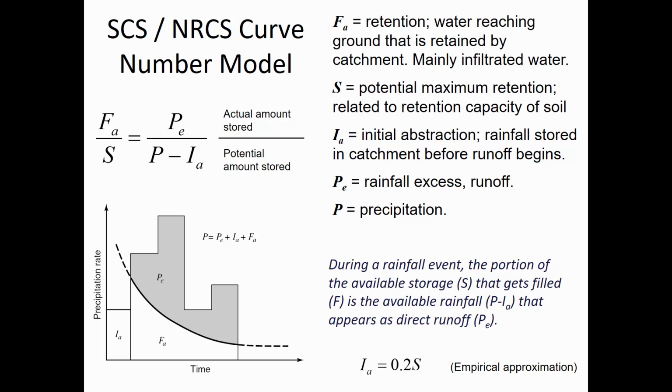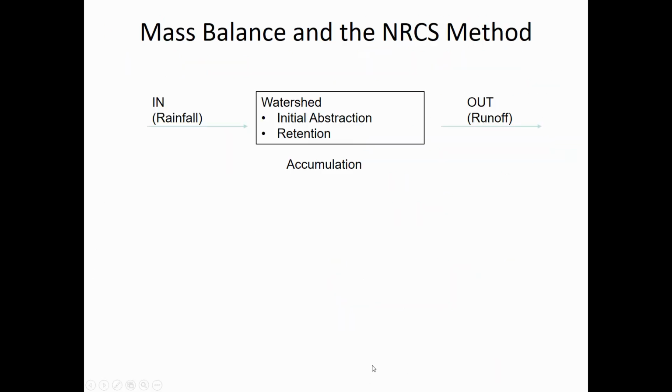So what they do is just approximate the initial abstraction as 20% of the storage. I'll show you how we can calculate S, and then once you know S, as a starting point you would assume that the initial abstraction is 20% of that.